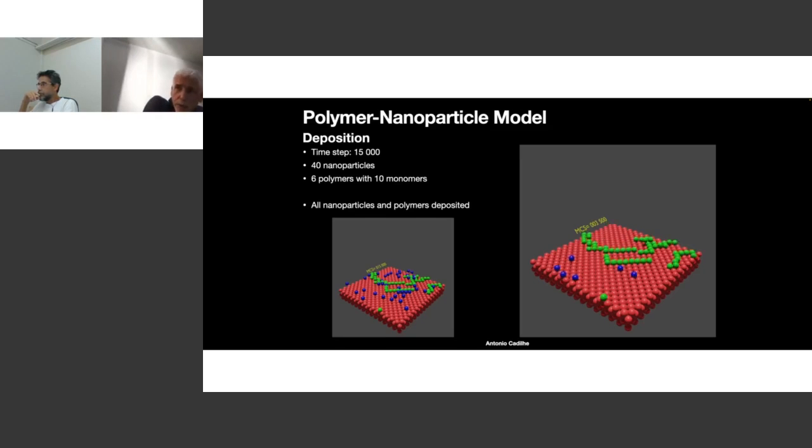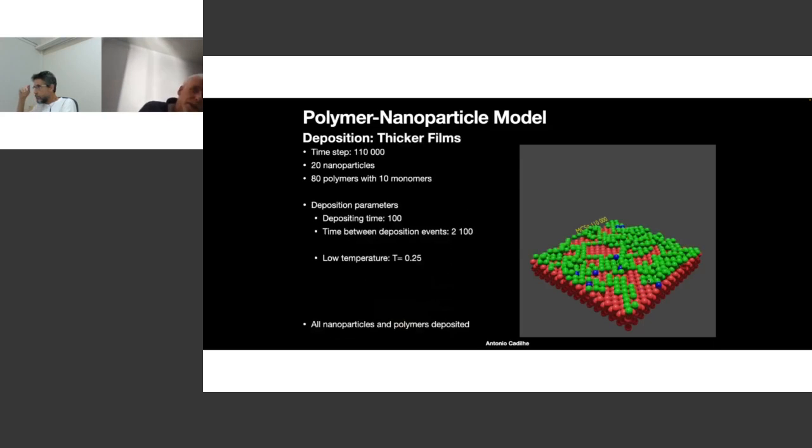But here we can see the dynamics taking place in the background to obtain such a state. Very few particles, and there is not much happening. Also the temperature, this one was a high temperature.